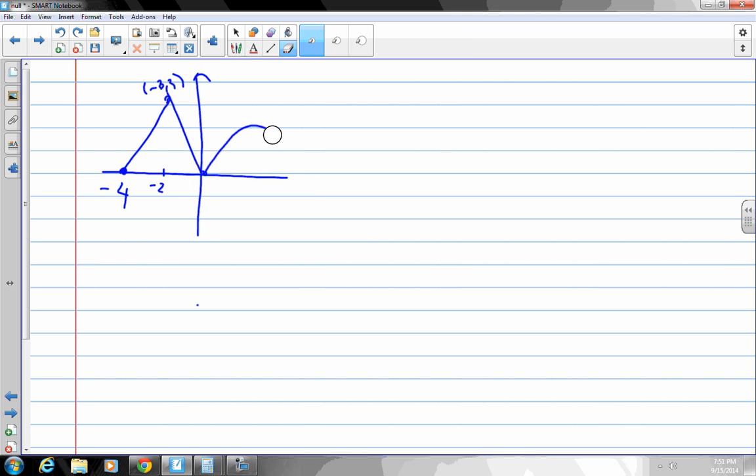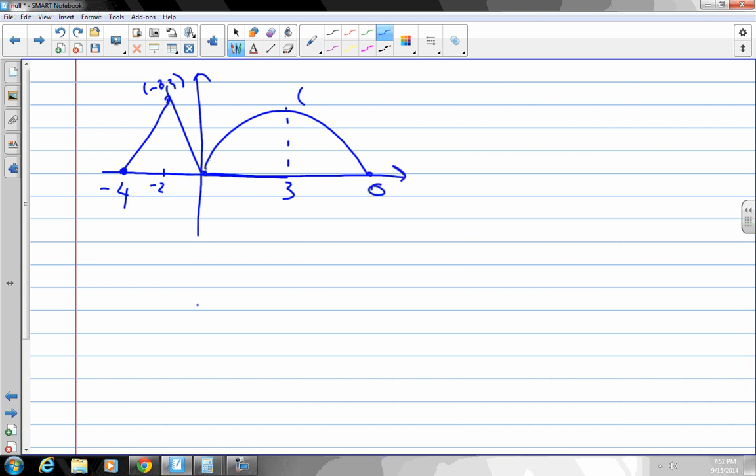Not drawn to scale, but here's the graph.